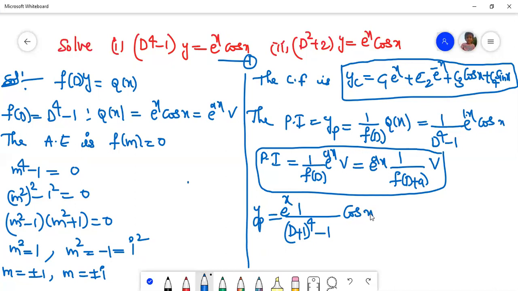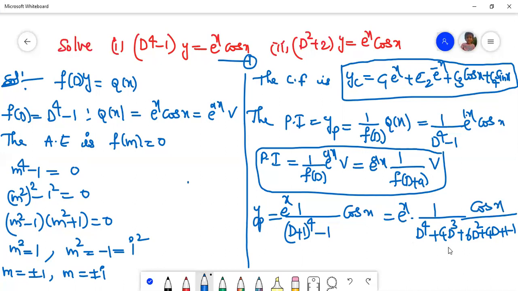It is equal to e power x into 1 by the expansion of (a plus b) whole power 4, that is D power 4 plus 4D cube plus 6D square plus 4D plus 1 minus 1, into cos x.